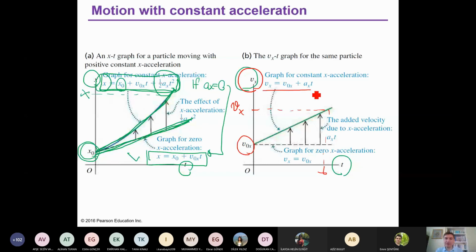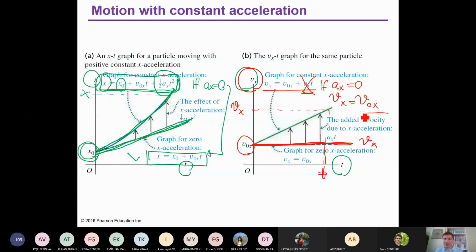So if the acceleration is 0, let's consider that. If ax is 0, it means that there is no acceleration. So this term then will be cancelled, and vx, final x, will be v0x. Then you will have this type of behavior. So by time, your velocity will not change. Okay, initial velocity and final velocity are the same if the acceleration is 0.